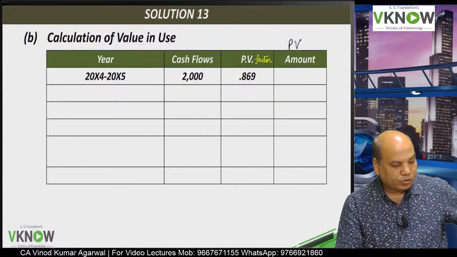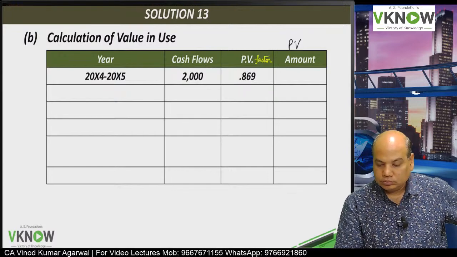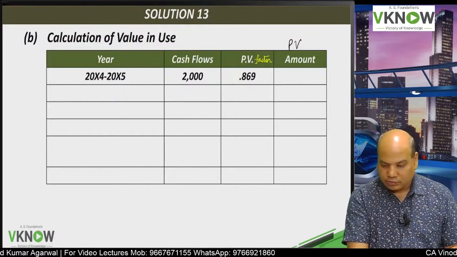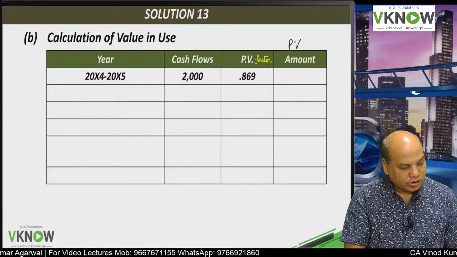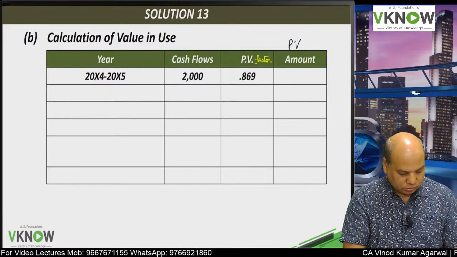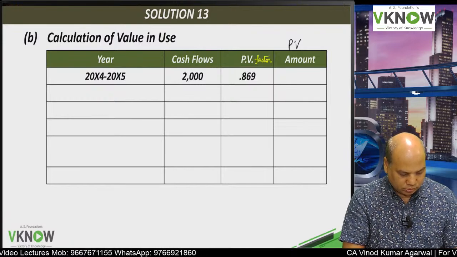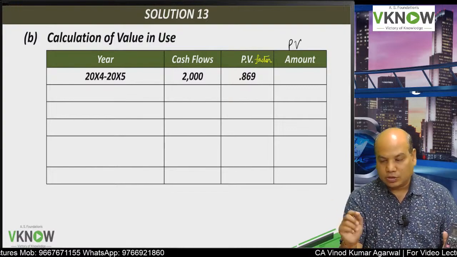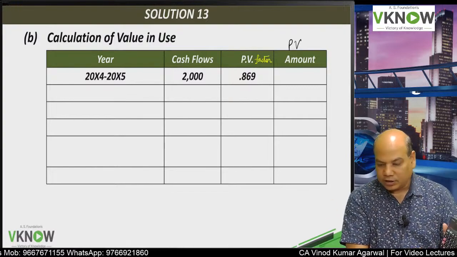Okay, so write down 2004-5. Keep this calculator with you. The discount rate is 15%. Write down discount rate is 15% in the question. How do you get the factor?